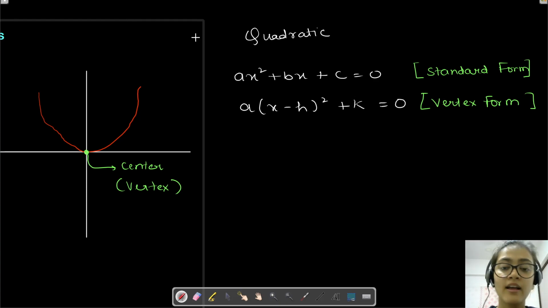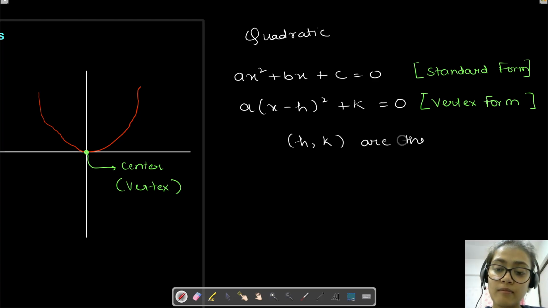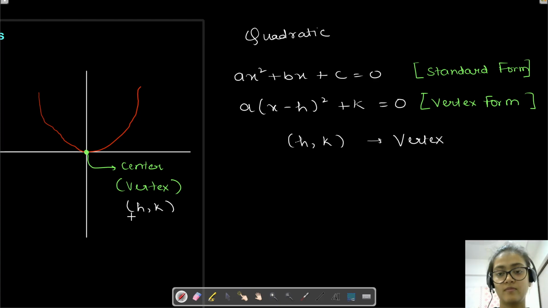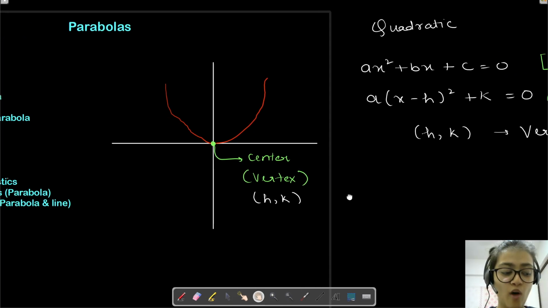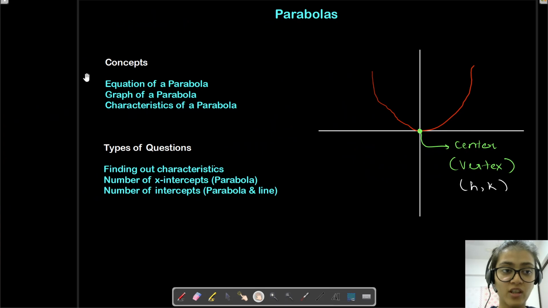And here h comma k are the coordinates of the vertex. So this vertex has coordinates h comma k. We'll see an example. This is actually one of the characteristics of a parabola, which is the third concept.